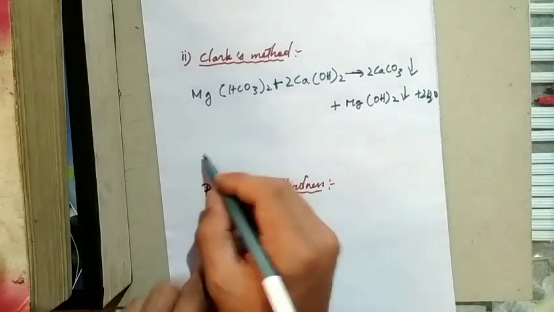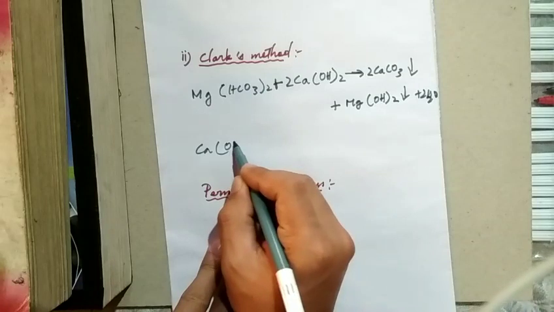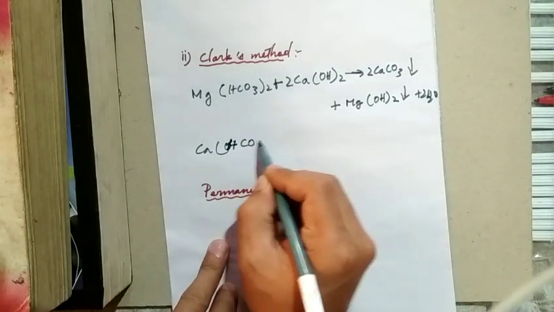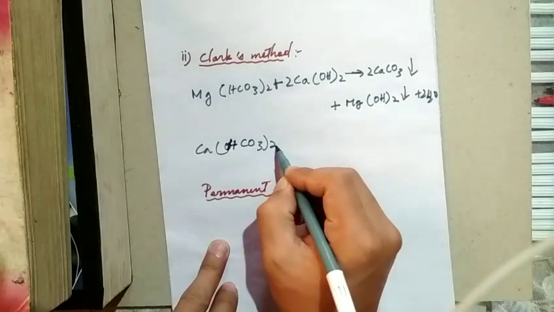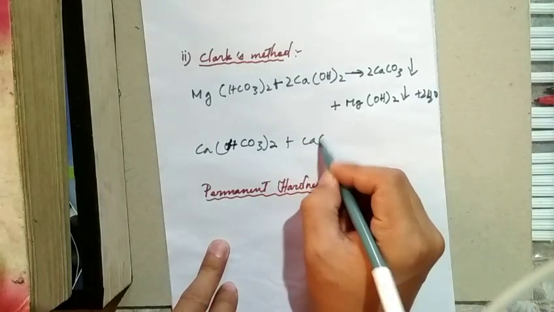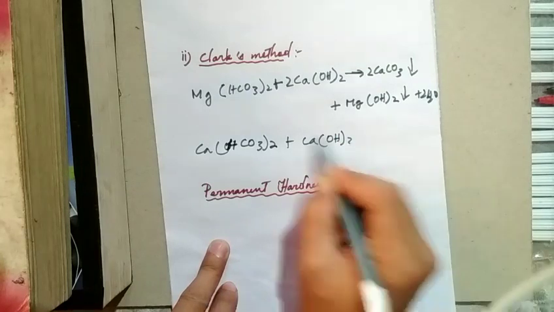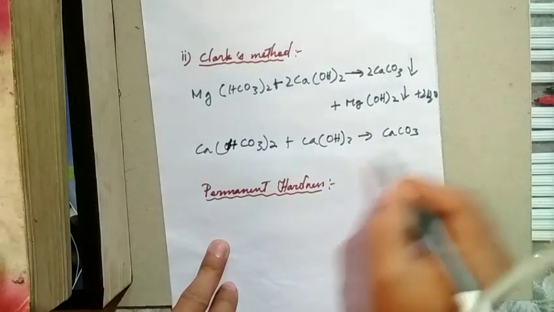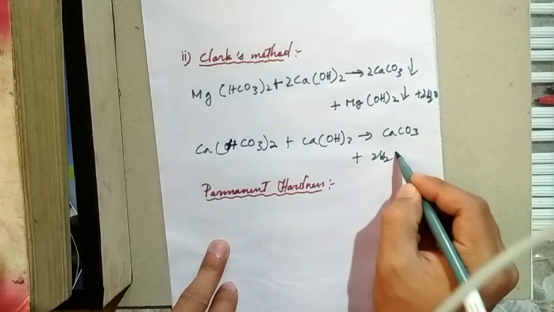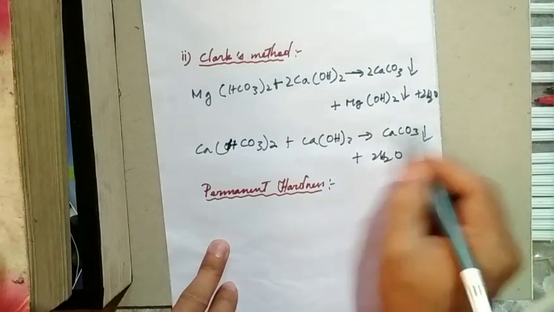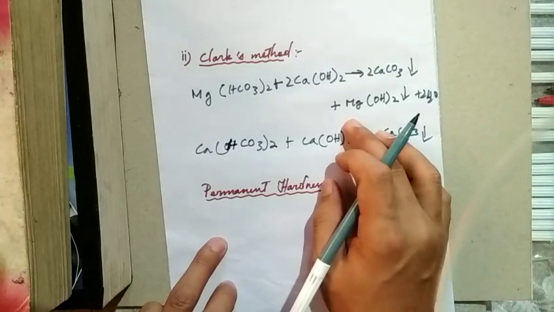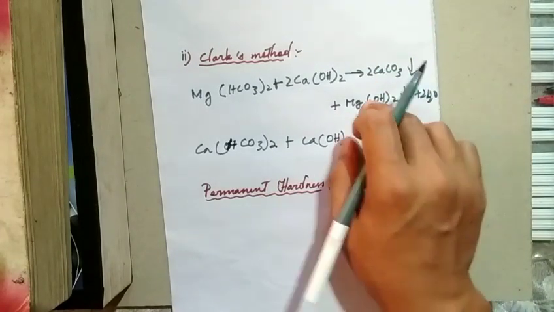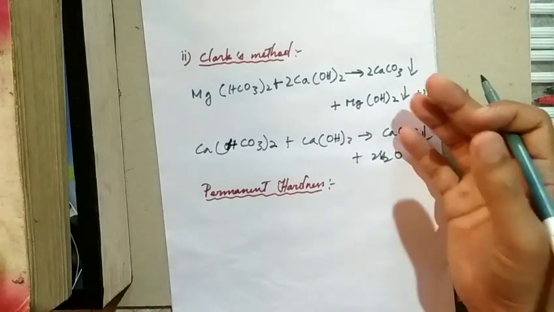So calcium hydrogen carbonate again reacts with lime water to give calcium carbonate and water. This is precipitated and we can remove it, since these precipitates are insoluble in water.